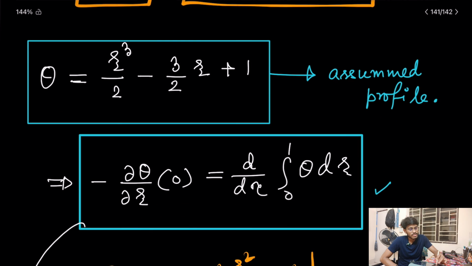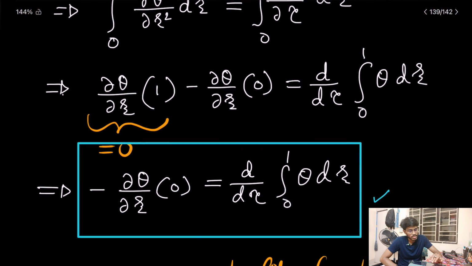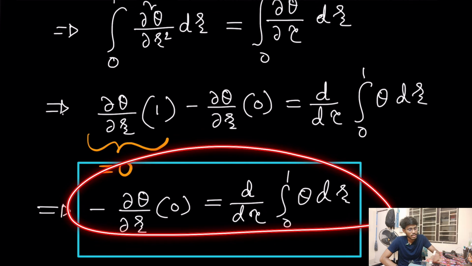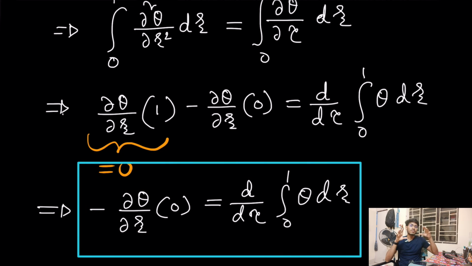So this exercise that we have done, this integration to get this, will not go in vain, because I have already shown you how we reduced our governing integrated equation.